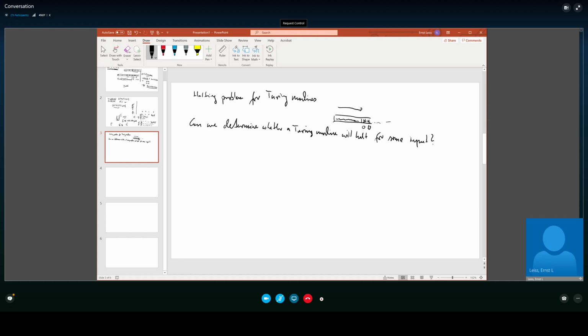So now we're no longer looking at the question, given a specific instance of an input and a Turing machine, will that Turing machine halt?